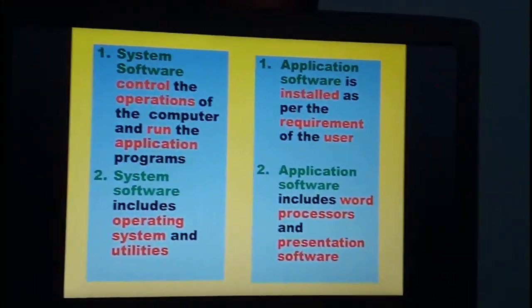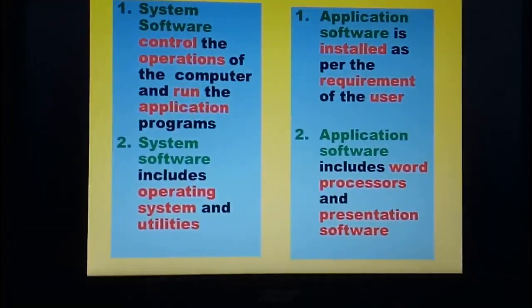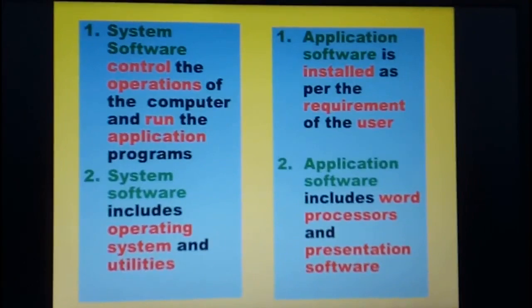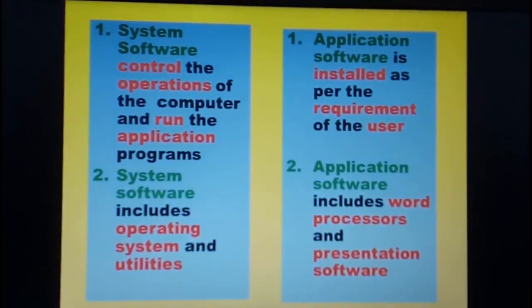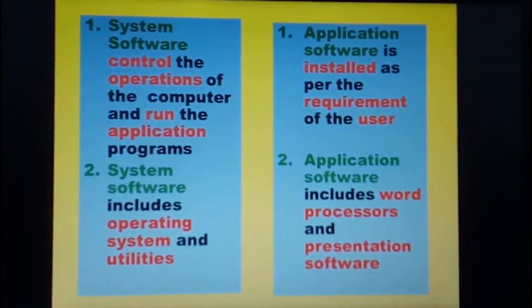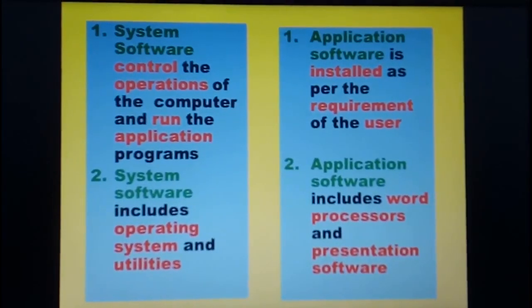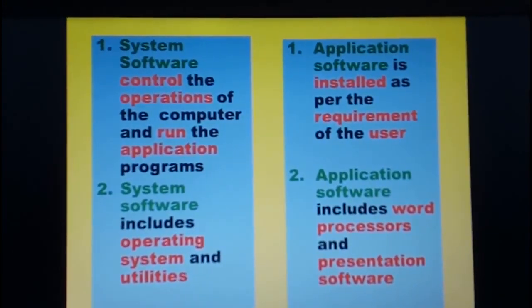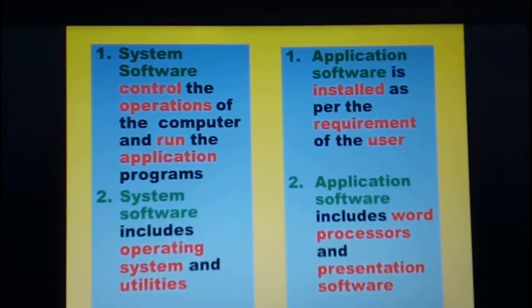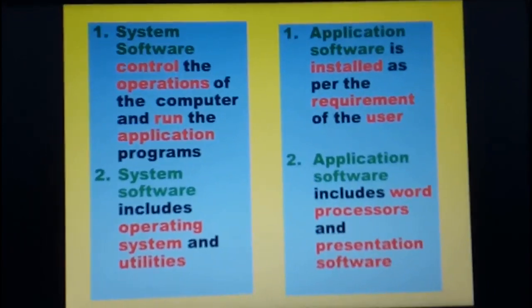Some differences between system software and application software. System software control the operations of the computer and run the application programs. That's a very good example of system software. Application software is installed as per the requirement of the user. So the key word here is requirement of the user.